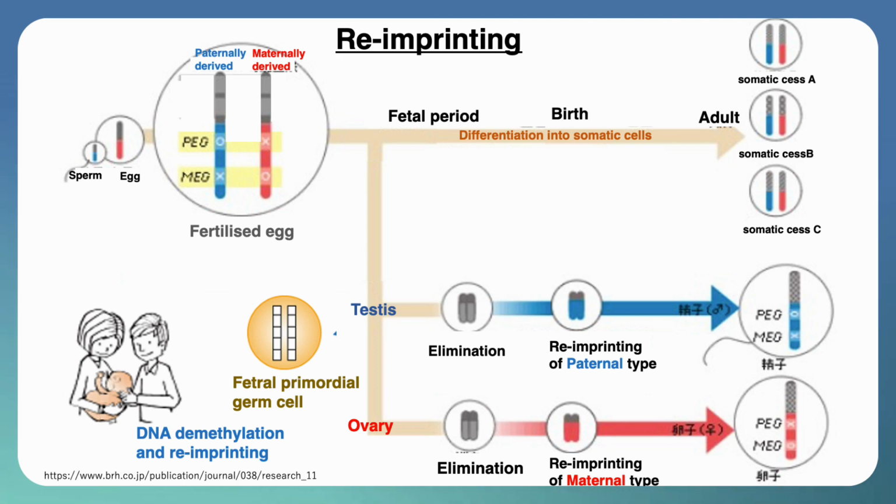In fetal primordial germ cells, DNA demethylation, necessary for PEG and MEG reprogramming, occurs at a gender-specific time. Sex-specific reprogramming methylation occurs after days 15 to 16 post-fertilization in males and 2 to 3 days after birth in females.